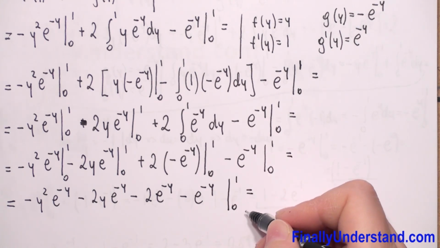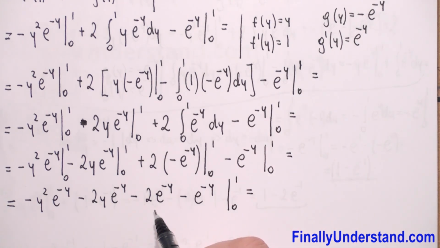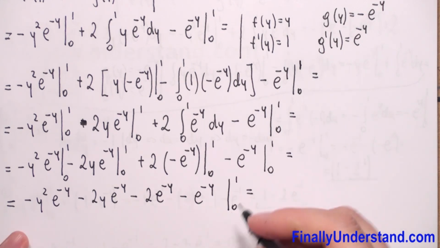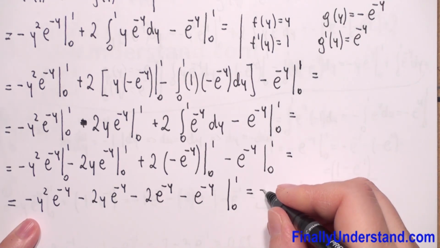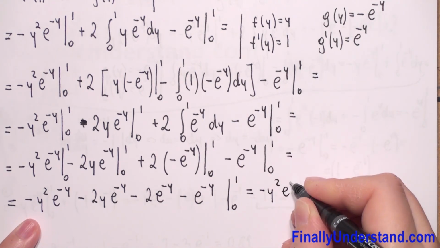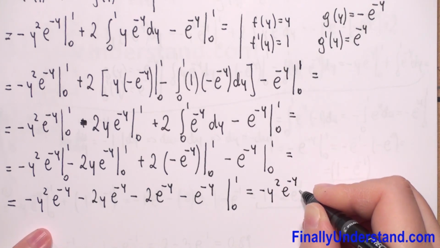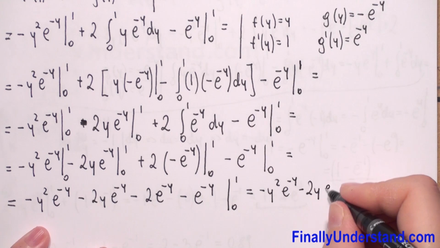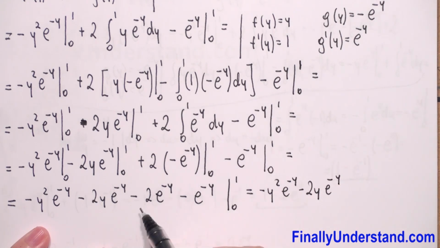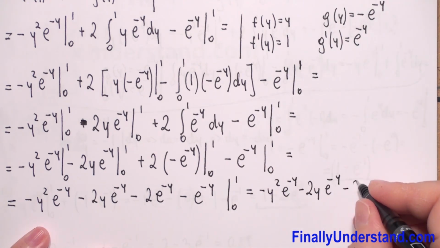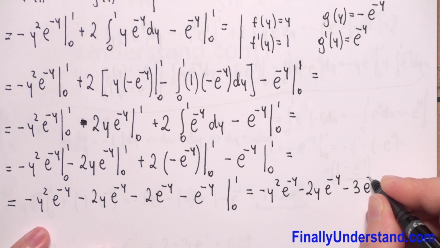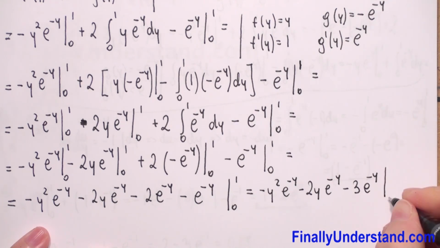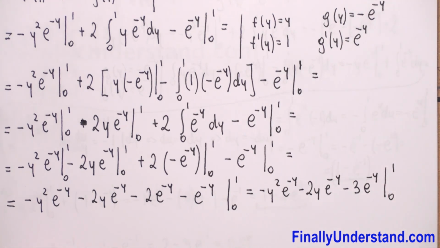So this is equal, we have to copy the beginning, so it will be negative y squared e to power negative y minus 2y e to power negative y, and we have negative 3 e to power negative y, limits from 0 to 1.